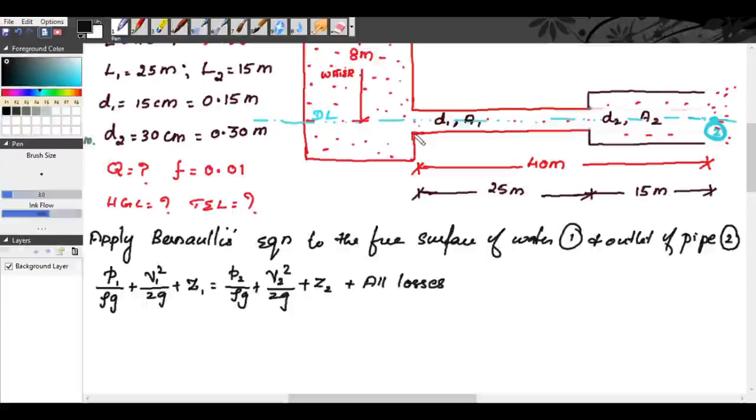So we have losses in the inlet of pipe 1, and in the outlet of pipe 2. Here there is inlet in pipe 1 as well as exit in pipe 2. Only one should be considered.